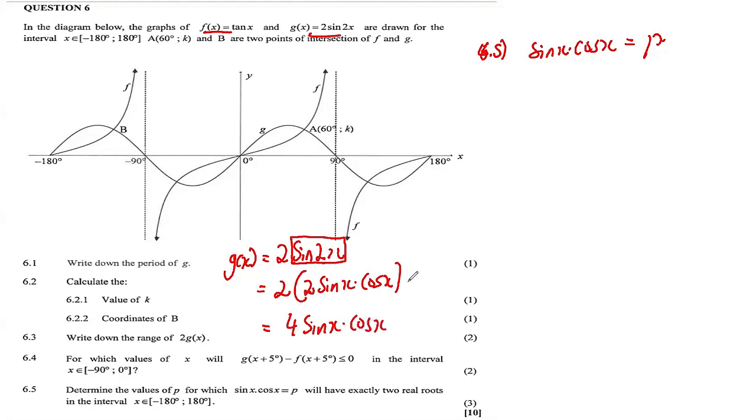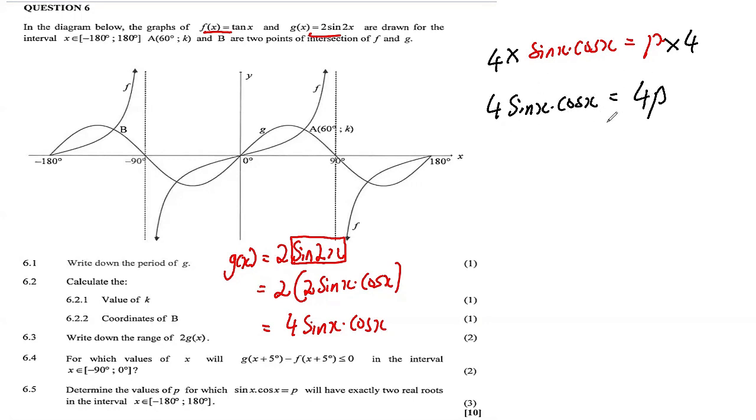Now, if we want to recreate this from what we are given here, then it's simple. What we need to do here is simply multiply by 4 both sides, right? So we want to take the left-hand side multiplied by 4, the right-hand side multiplied by 4, right? And then we end up with 4 sine x cos x, and then that is equal to 4p.